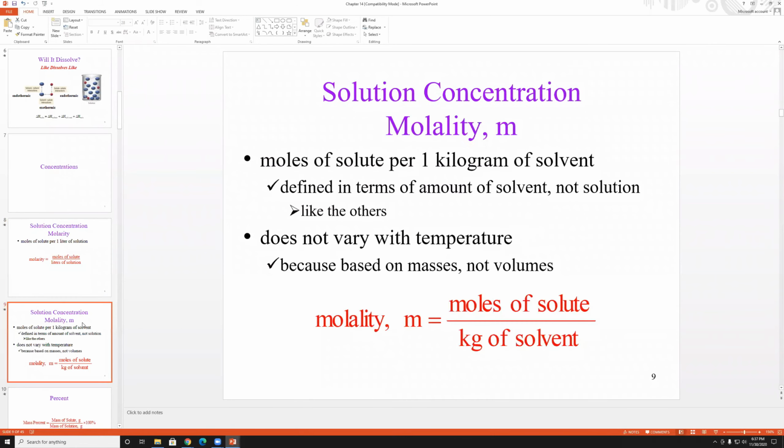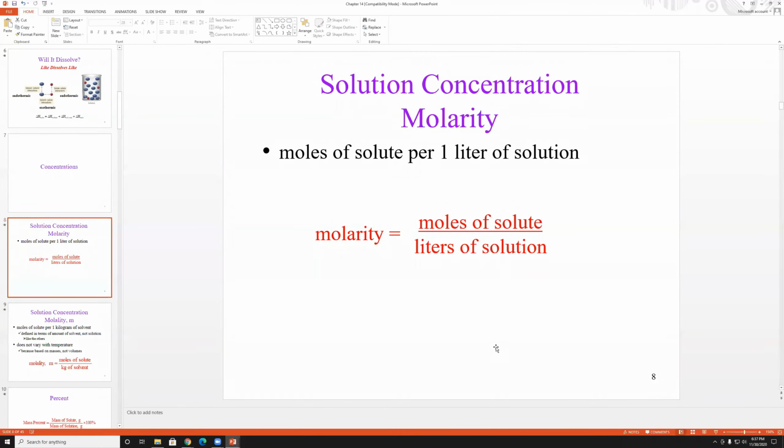So if you're doing chemical processes, you're assuming you're changing the pressure or the temperature all the time, then the volume will change, right? Because if you're dealing with gases, especially, you're dealing with Boyle's law, Charles's law, Avogadro's law, all the different laws that we learned about. So your liters of solution will constantly be changing.